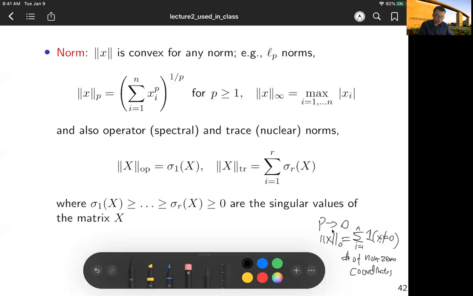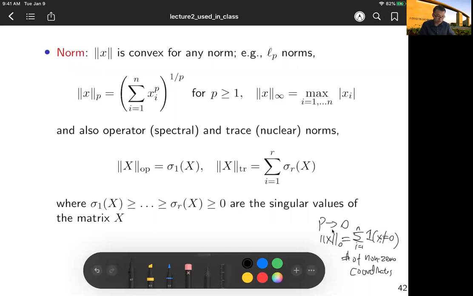Clearly, this is not a convex function, because if you take the convex combination of two points that each have only one non-zero coordinate, and these are not the same coordinate, then the convex combination gives you something that has two non-zero coordinates. This is a violation of the definition of convexity.